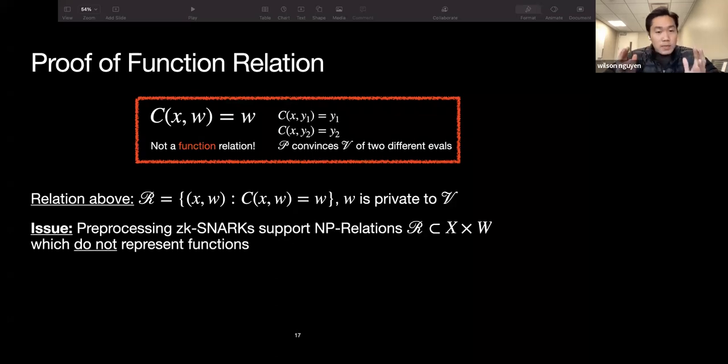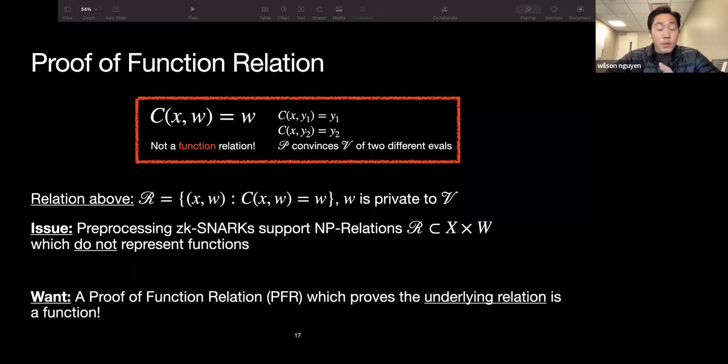It's because preprocessing ZK-SNARKs support a wide range of NP relations, which do not necessarily represent functions. So maybe we can somehow restrict to NP relations which represent functions. What we want is a proof of function relation, which proves that the underlying relation represented by that verifying key is a function.